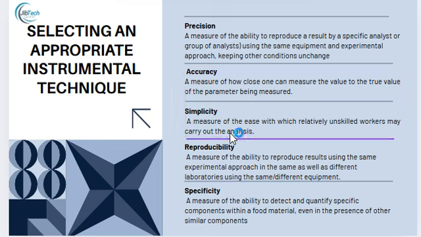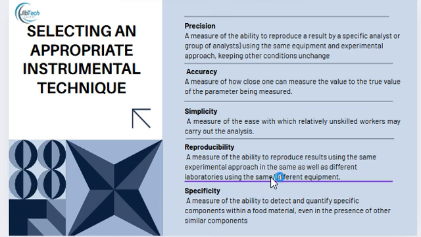And then we talk about reproducibility, which is a measure of the ability of the instrument to reproduce results using the same experimental approach, in the same as well as different laboratories, using the same and different equipment. What this just means is when we have two equipment with the same model number, the same everything, but they are located in two different locations, perhaps let's say one is in the chemistry laboratory and the other is in the physics laboratory.